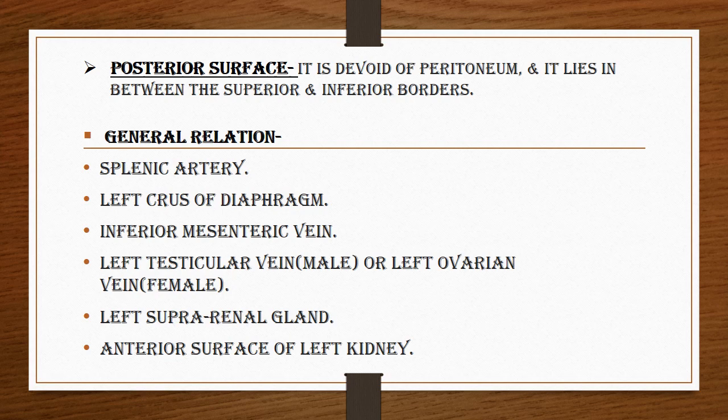It is in relation, in order from the right to left, to the origin of the superior mesenteric artery, the left crus of the diaphragm, the inferior mesenteric vein, the left testicular vein in males and left ovarian vein in females, the left suprarenal gland and the anterior surface of the left kidney.